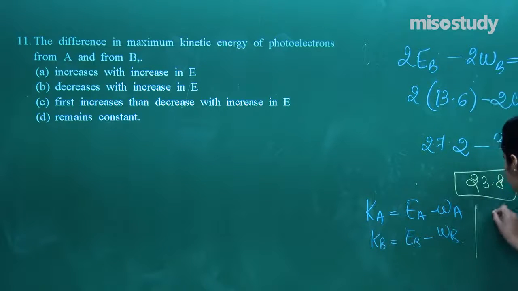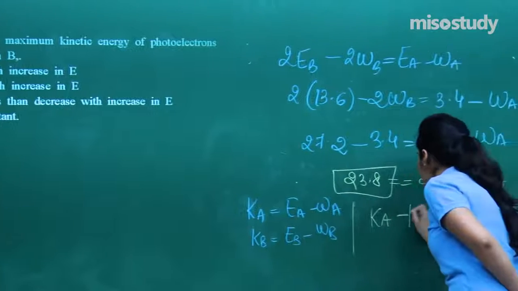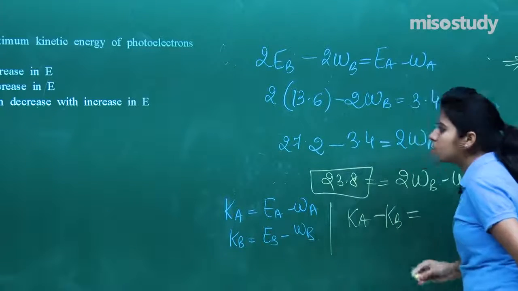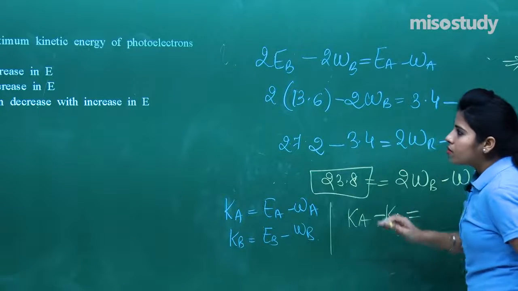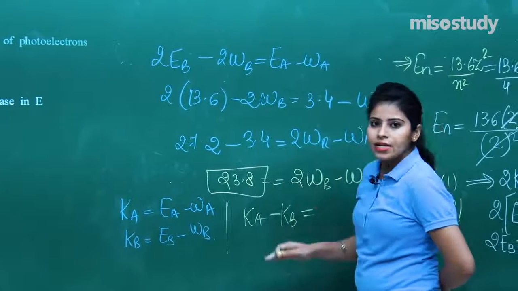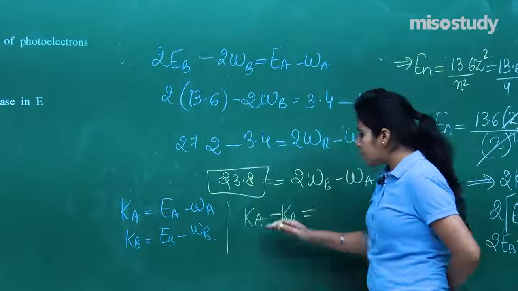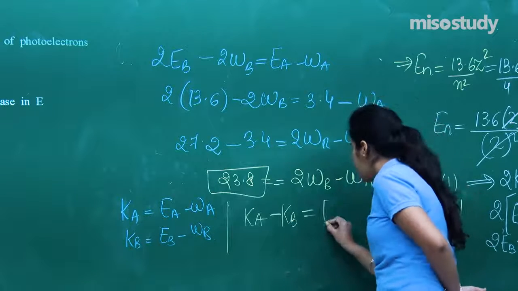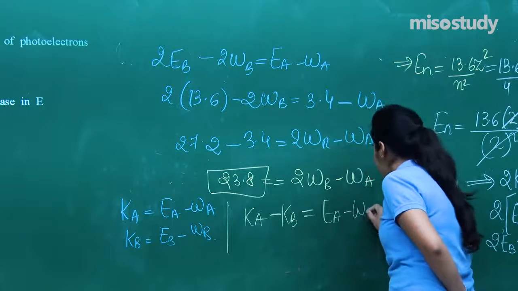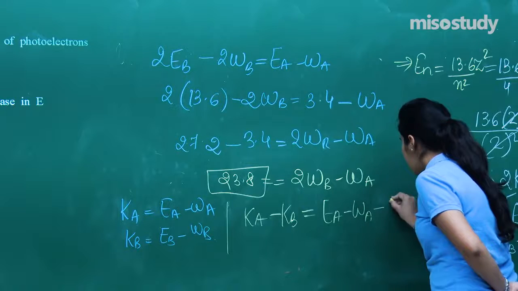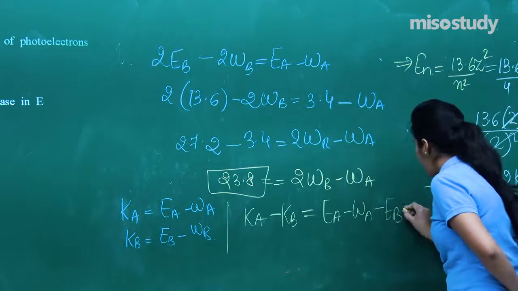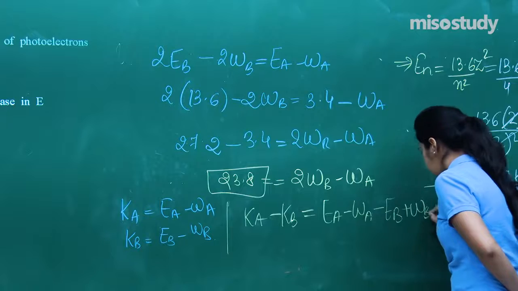So that means KA minus KB. This is equal to either it will be increasing or decreasing or it will remain constant. So let us just see, that would be EA minus WA minus EB plus WB.